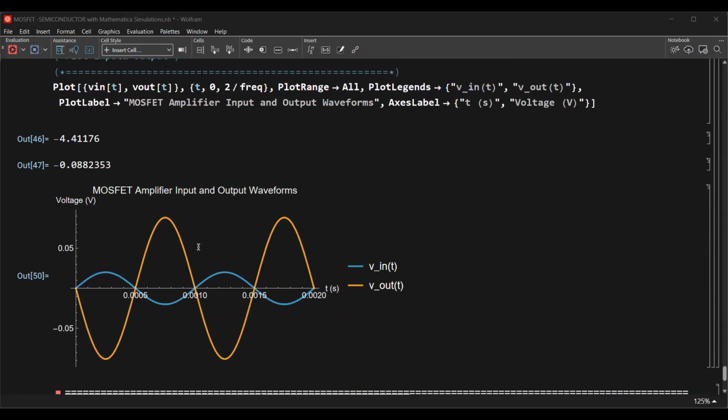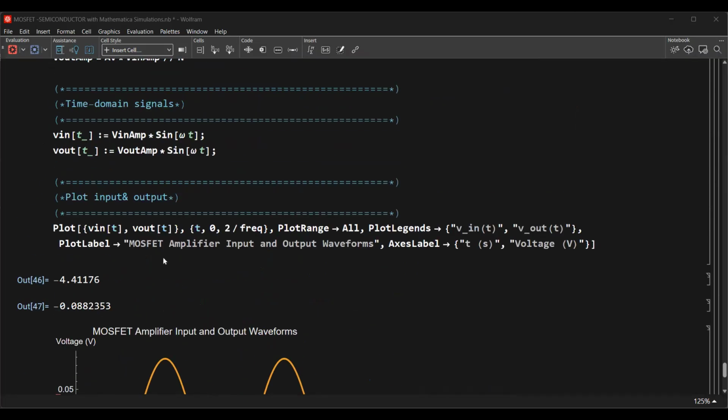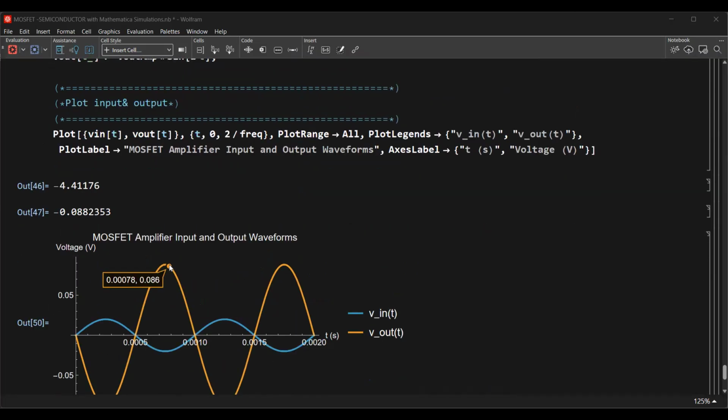Then we have the plot here, with the gain of negative 4.4, the small signal gain, and the output voltage. So we notice here that the two waves are 180 degrees out of phase, and the output here is almost 4.4 times greater than the input here.